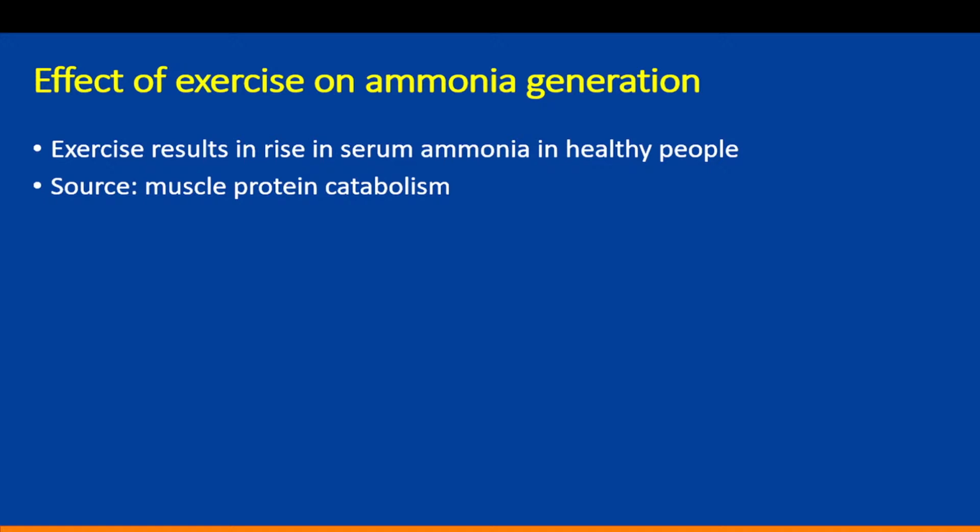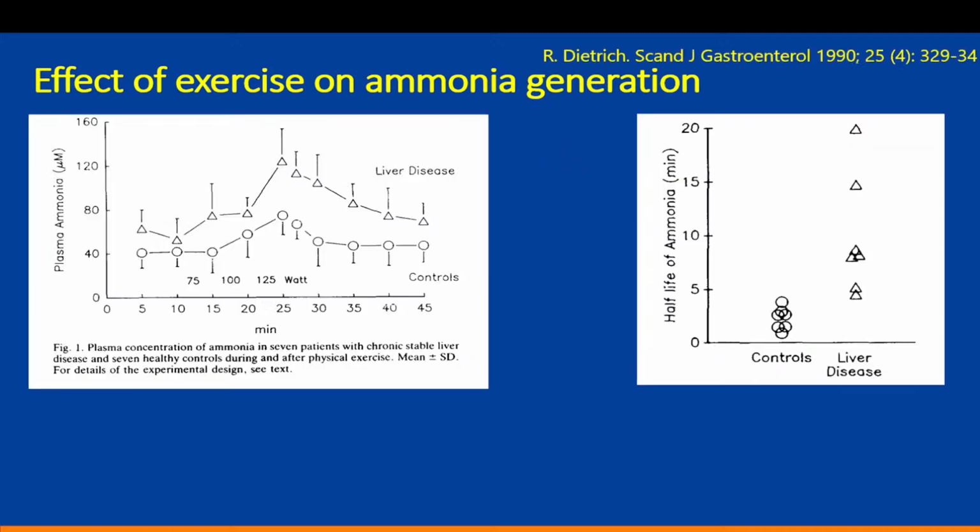Effect of exercise. Now we'll come to some specific aspects of exercise in cirrhosis patients. When we do exercise, even in the healthy population, it leads to a rise in serum ammonia, and this ammonia is produced by the catabolism of amino acids of the muscles. This is a very elegant study where healthy people and cirrhotic patients were followed during exercise, and serum ammonia was elevated in both groups, but the rise was more in patients with cirrhosis.